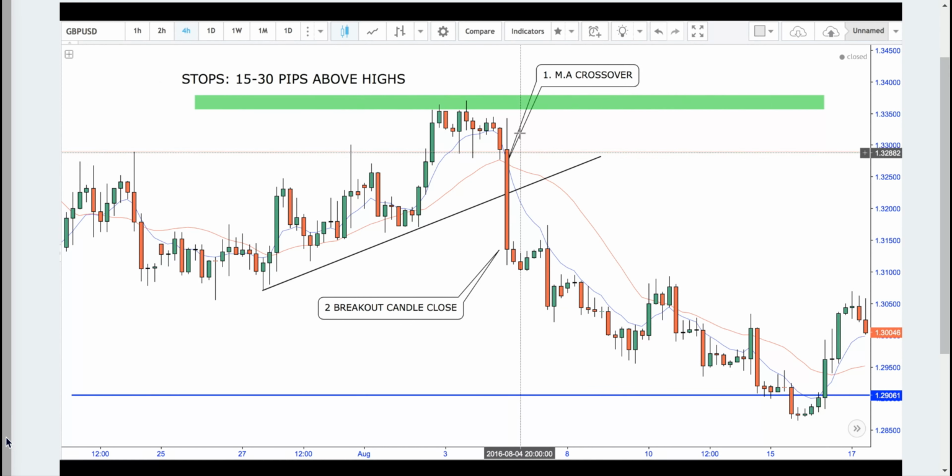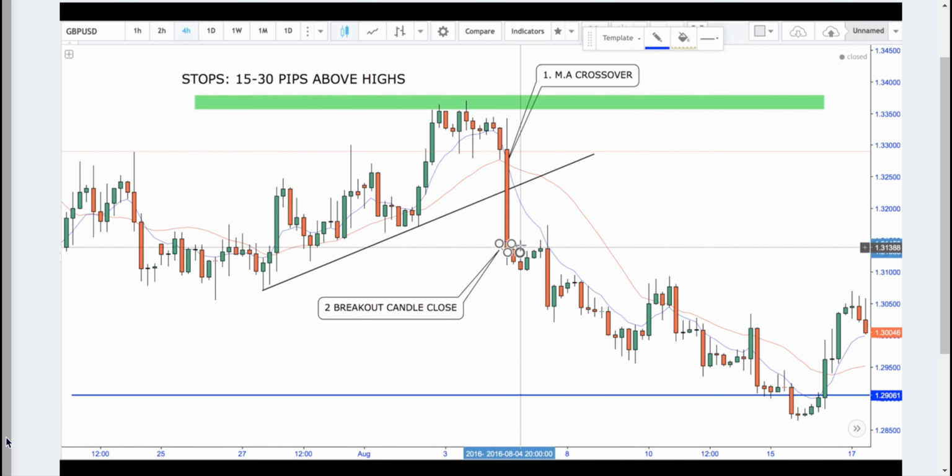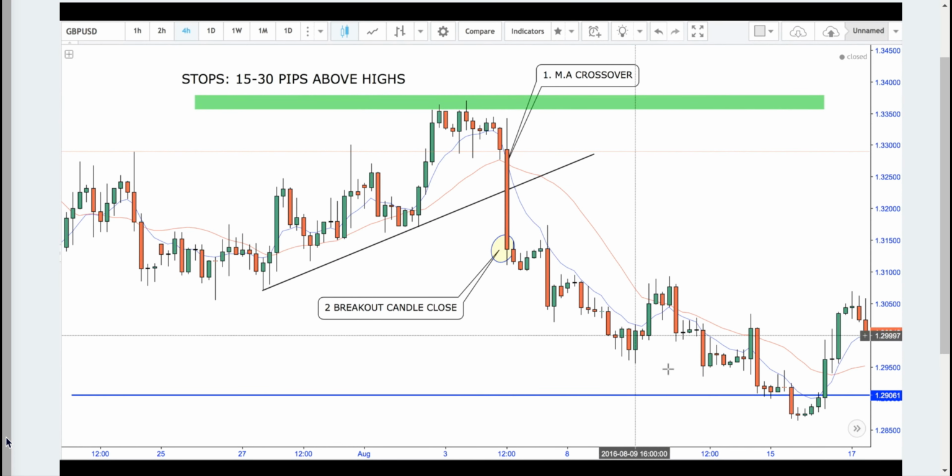But number 1 is the moving average crossover. That trendline is supposed to be connected, and same thing with all of these trendlines going forward. 0.1, 0.2, breakout candle close. Upon the breakout candle close, which is right here, that is your entry. That is when you want to determine your sell position. Stops above the highs and you want to ride the momentum down to the next key level.